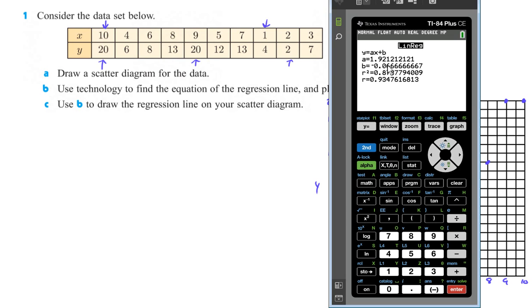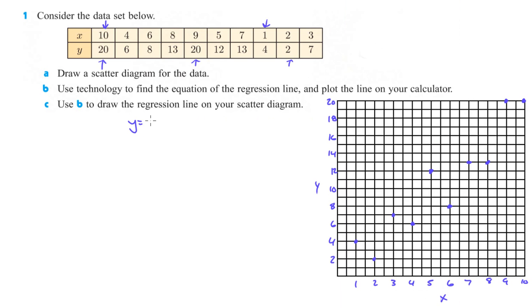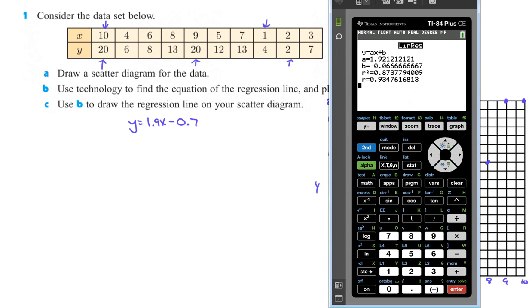So our equation is going to be, let's just go with 1.9 because 1.92 is a little trickier. So we get Y equals 1.9X minus 0.0667, so let's go 0.7. That's going to be our equation of our line there.